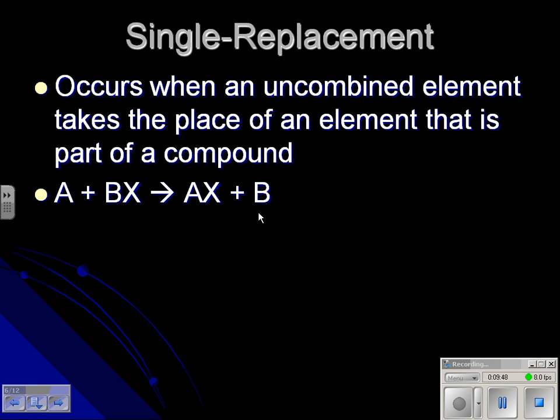The example I use for this is like a relationship, a boyfriend and girlfriend. Okay, please assume that this BX right here is a boyfriend and a girlfriend. The B is the boy, the girl is the X. And so let's say this girl is in a relationship with a boy, and the boy is not the best of boyfriends.